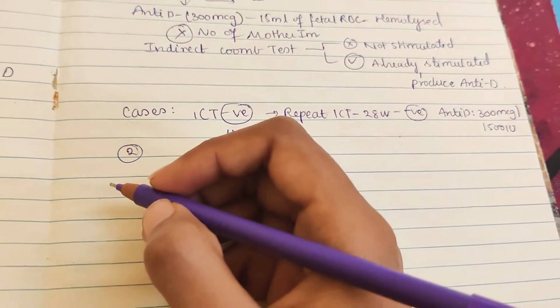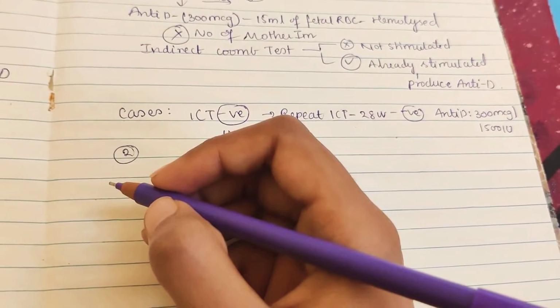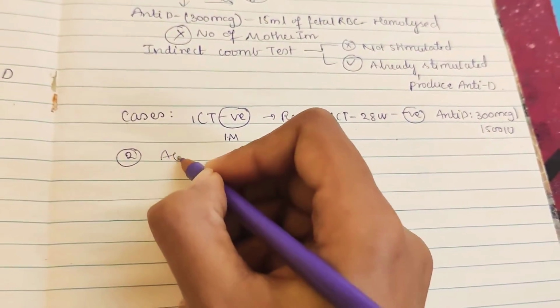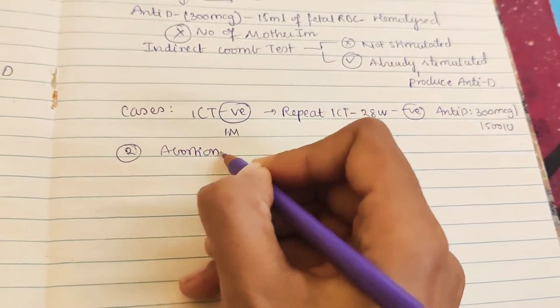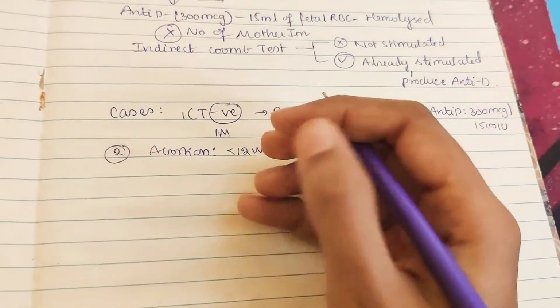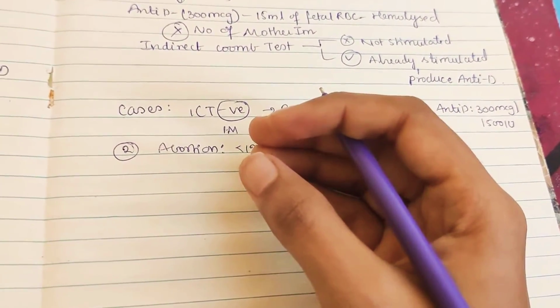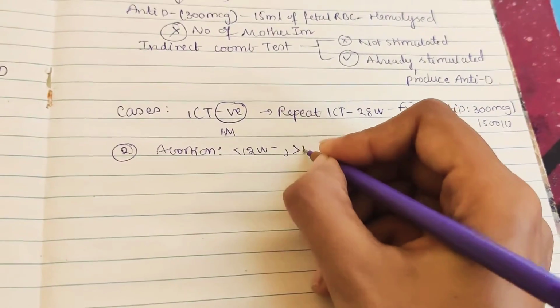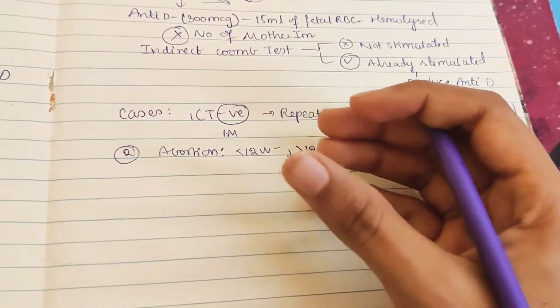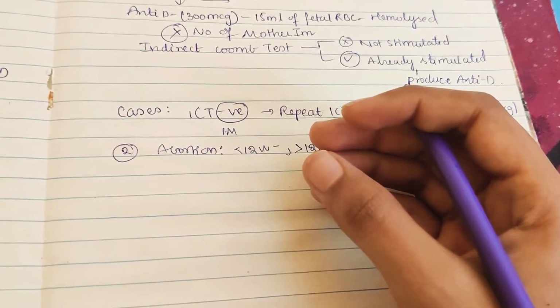So now coming to second case. In second case, there is a pregnancy where anti-D is already given. If there is abortion less than 12 weeks, except threatened or complete, and if greater than 12 weeks, all types of abortion, in all these cases also we need to give anti-D.